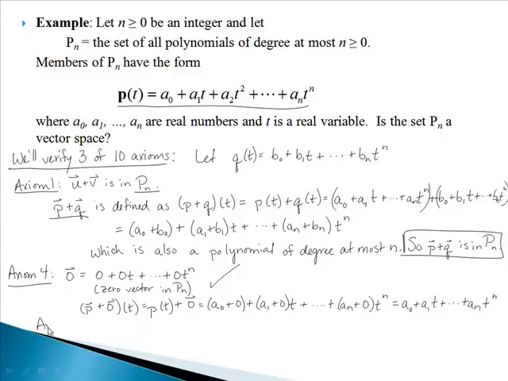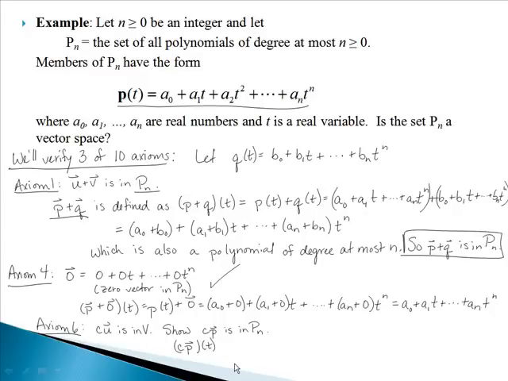And the last one that I want to look at is axiom 6. We want to show that when we multiply by a scalar, the result is in V as well. So we want to show that if I multiply by a scalar C, then C times P is in P sub n as well.